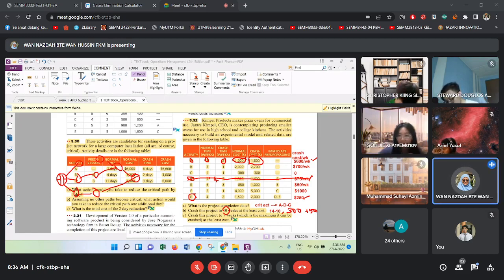Have you changed the time for D to 3 instead of 4? But your completion time, Christopher, you still get 12, because the earliest start for activity G is 8.